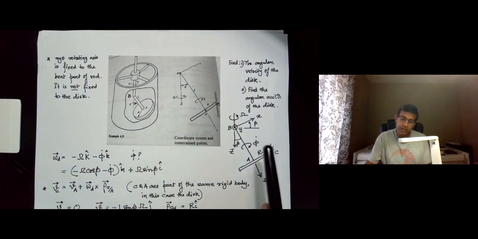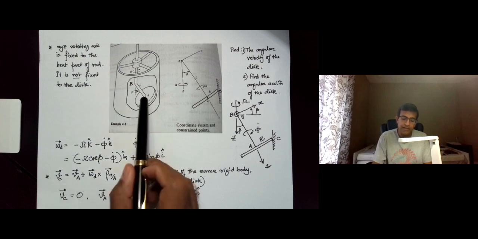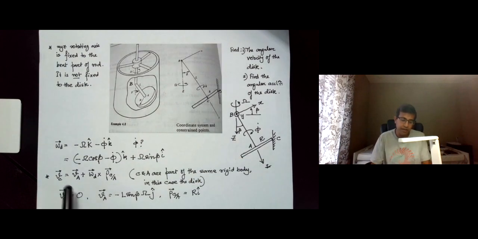So with this rotating coordinate system, we solved for the angular velocity of the disk, and then we differentiated it to find the angular acceleration of the disk. In finding the angular velocity of the disk, we basically treated the disk as one rigid body, and C and A, where A is the center of the disk and C is the point of contact, were treated as part of the same rigid body.